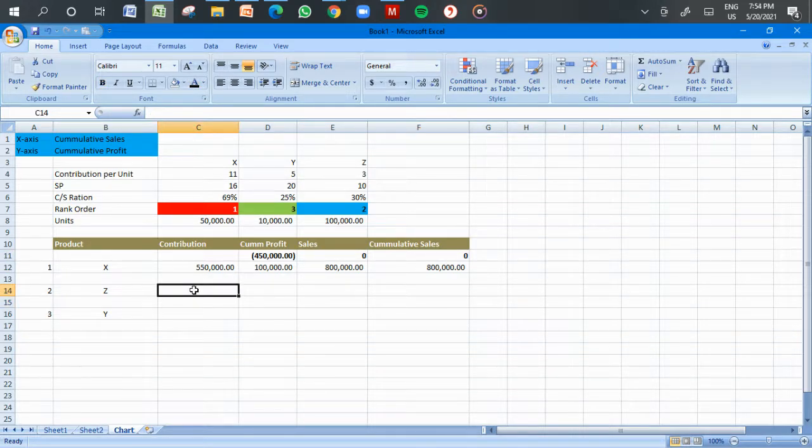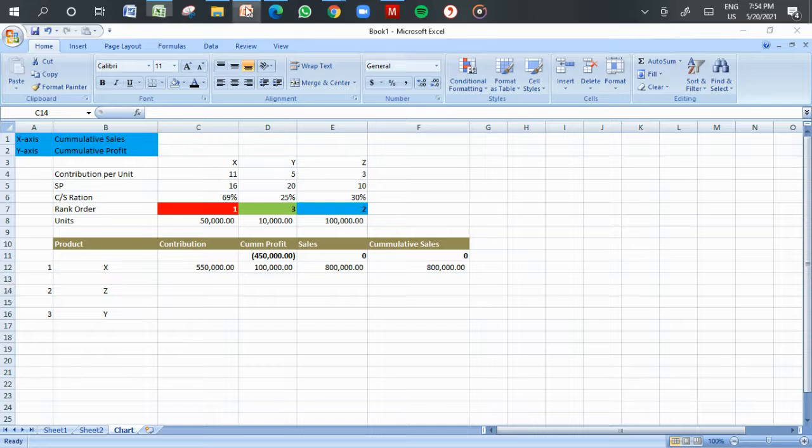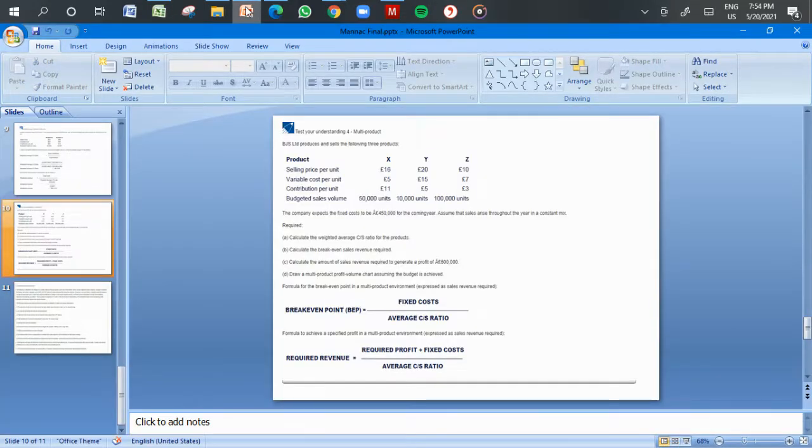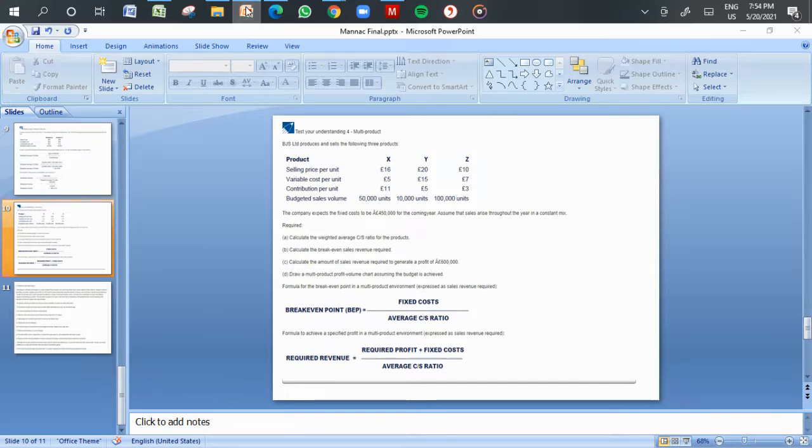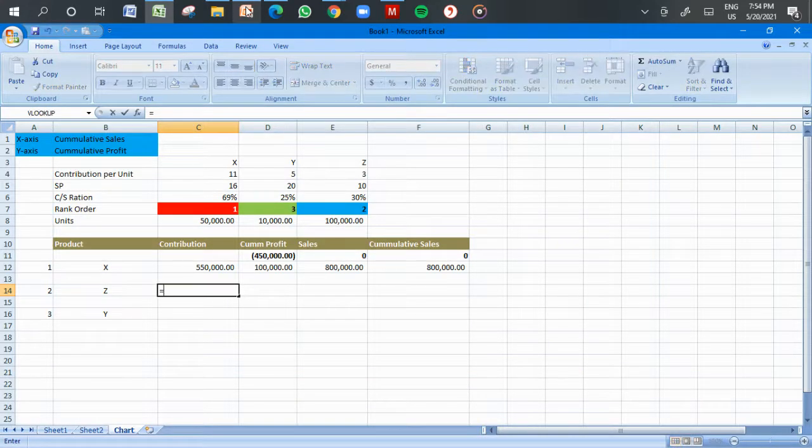Okay, then we go to number 2. Number 2, we have Z. We are going to produce Z second. What is the contribution from Z? It will be the 100,000 units multiplied by 3, which is the contribution per unit in Z. So we have 300,000 under Z. What will be our cumulative profit?